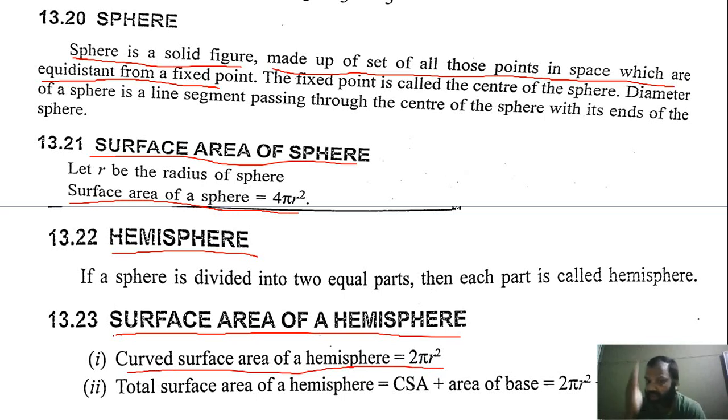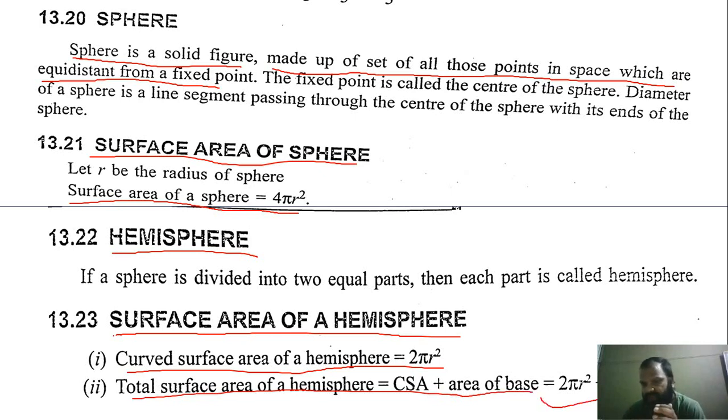But when we cut any ball, we get one face that is circular. Then for the total surface area, we get the CSA plus the area of the base.